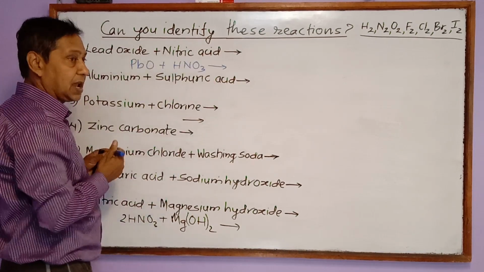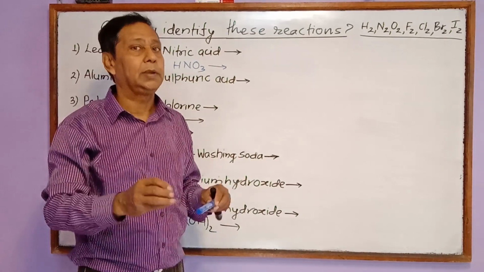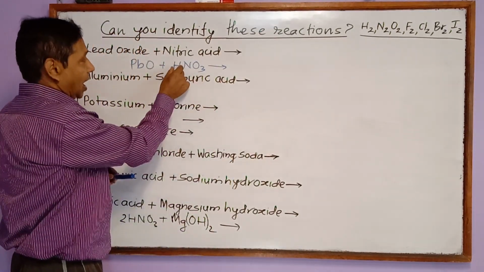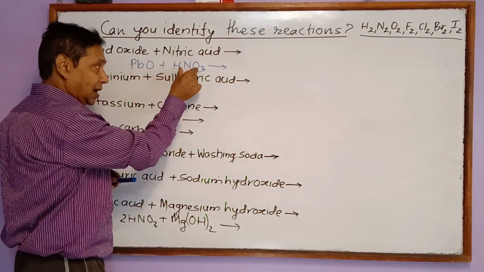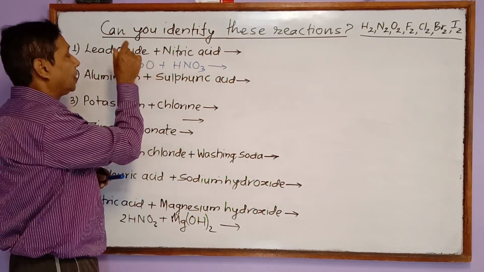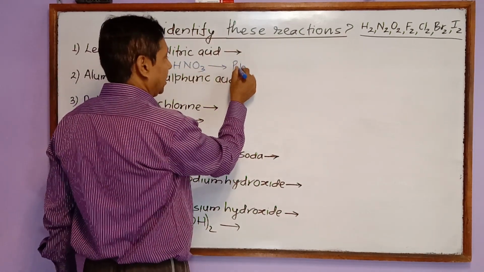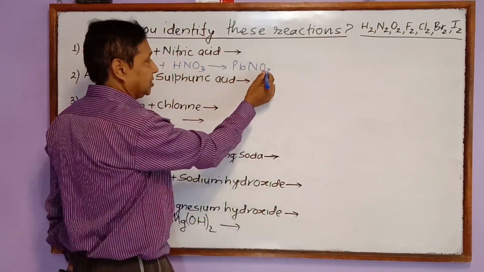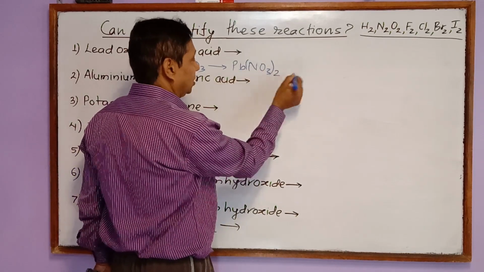This is an acid-base reaction, and we know that when an acid reacts with a base, the products will be salt and water. And how does salt form? The hydrogen of the acid is displaced by the metallic part of the base. That's why lead takes the place of hydrogen, and we'll have Pb(NO3)2. Pb valency 2, nitrate valency 1, so the valency of lead has to be transferred to nitrate.